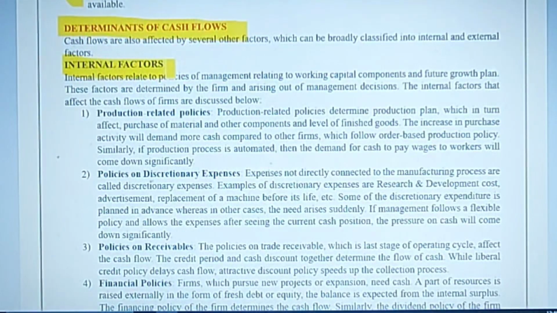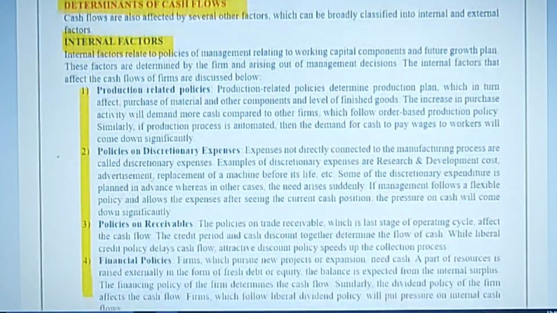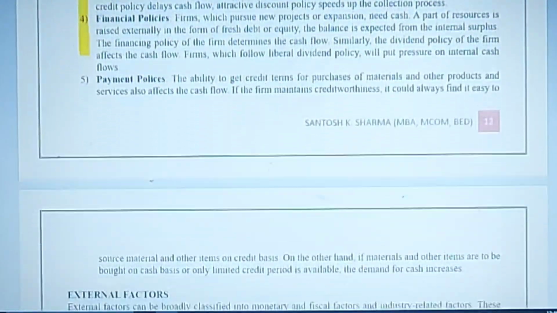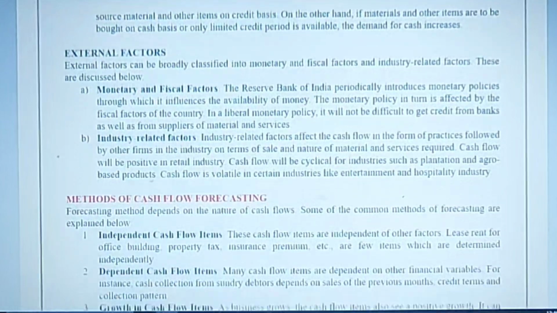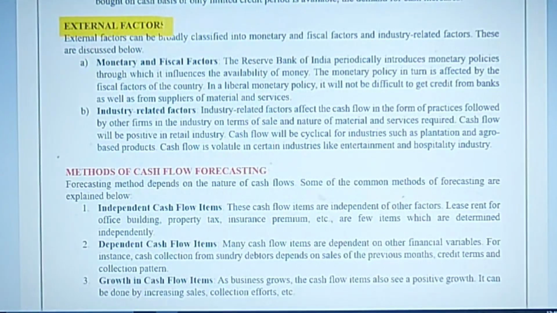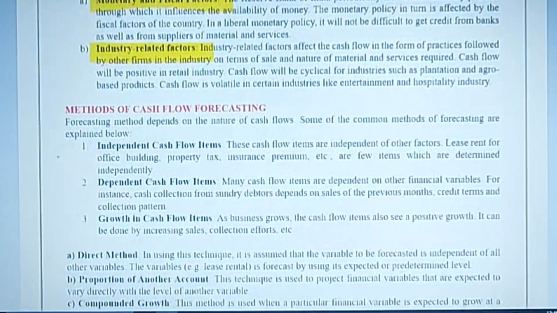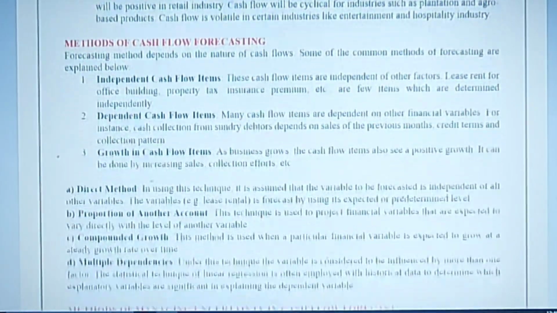One is internal factors, and these are all the points which need to be expanded. And in external factors, again, there are only two factors here. One is monetary and fiscal factors, and industry related factors. Basically, external factors are out of control. I mean, they are not under the control of a firm.